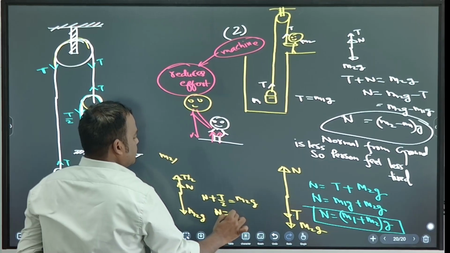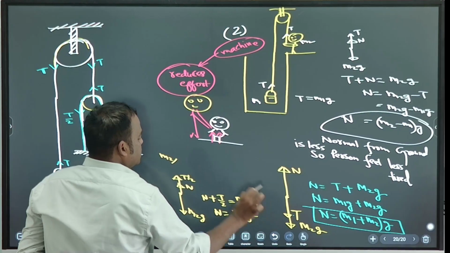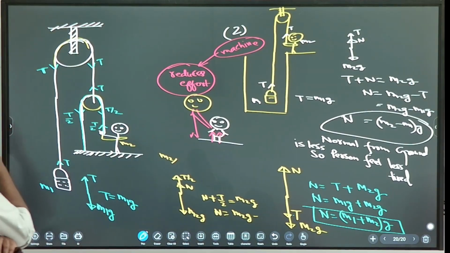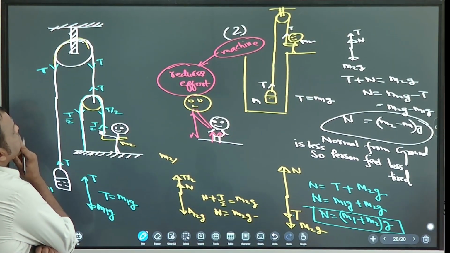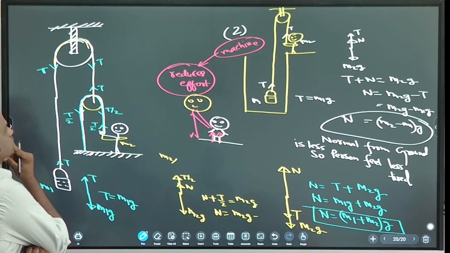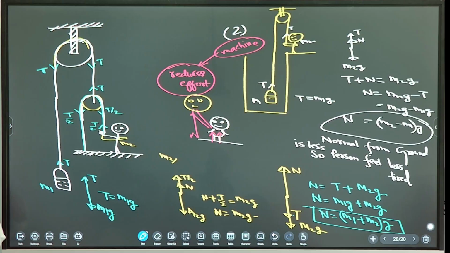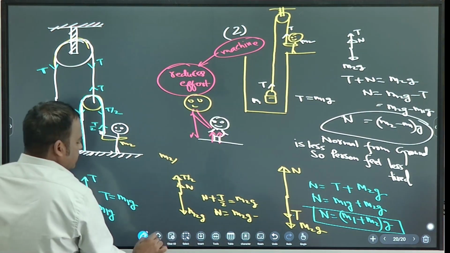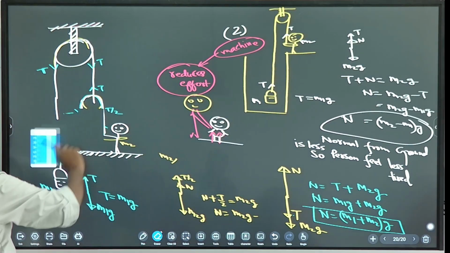So normal is equal to M2G minus T by 2. No, wait. Here, normal is more here. Okay, wait. Cancel this diagram. I will draw another diagram.